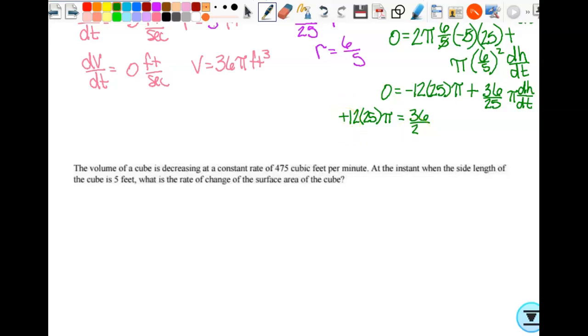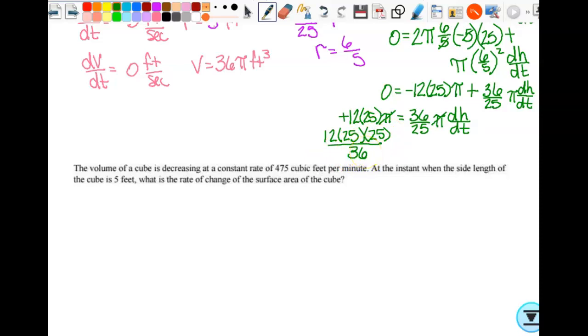You can't just literally move it over. Over 25 times pi dh dt. And then divide. Can I just go ahead and divide both sides by pi? And just say that that's gone, right? And then when I divide by a fraction, I'm actually going to do what? Multiply by the reciprocal. So I'll have 12 times 25 times 25 over 36.